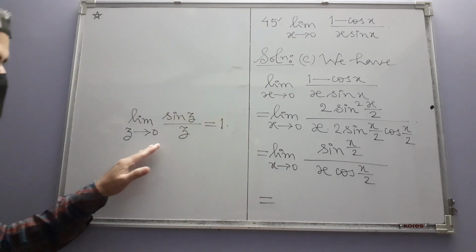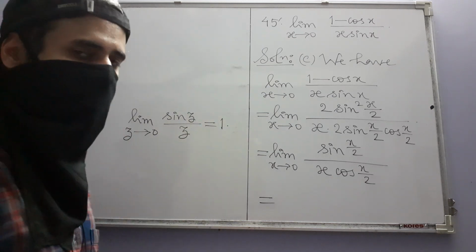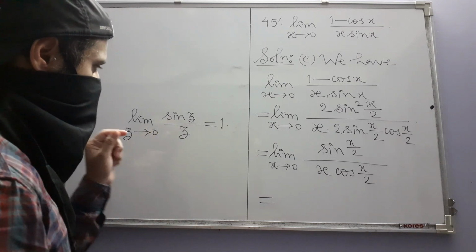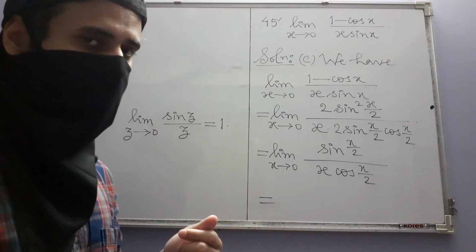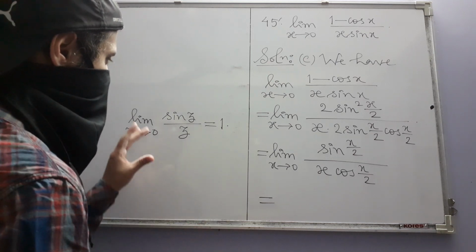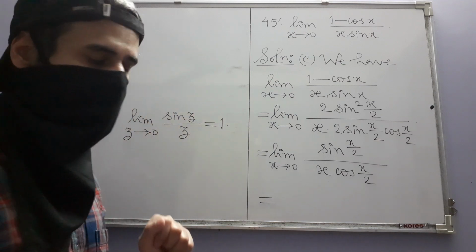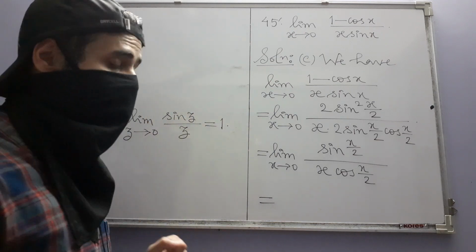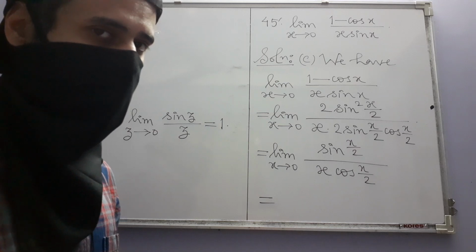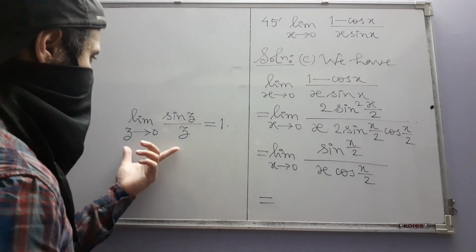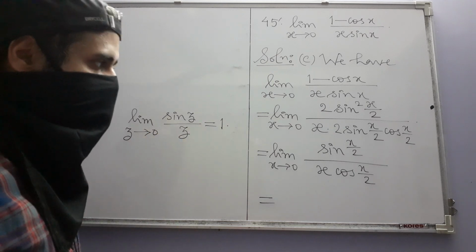You can try to see why this is the case by taking very small values of z in your calculator, but keep in mind that this is only the case when z is measured in radian. That's why, when we do calculus, we always need this limit.